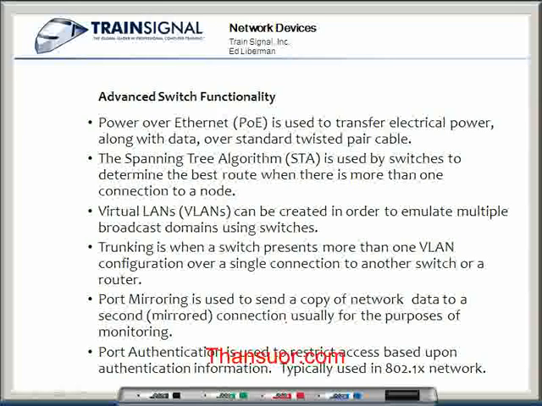And then port authentication is used to restrict access based upon authentication information. I've written here that it's typically used in what's called an 802.1x network. And that's, again, not something we're going to get into right now.